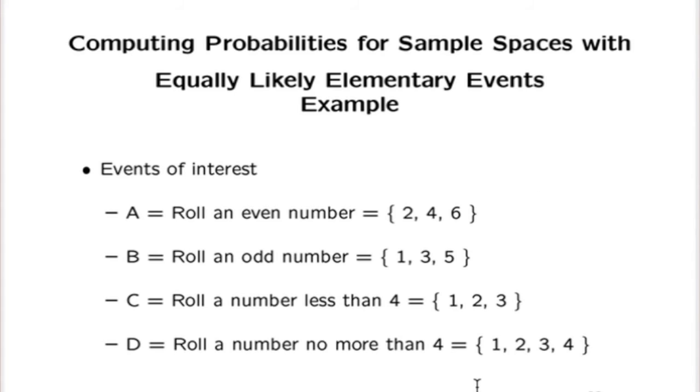But let me just point out that if the die was not fair, we would not be able to compute these probabilities in this way. We would have to have more information about the structure of the die or something, and that would be a much, much more difficult thing to do.